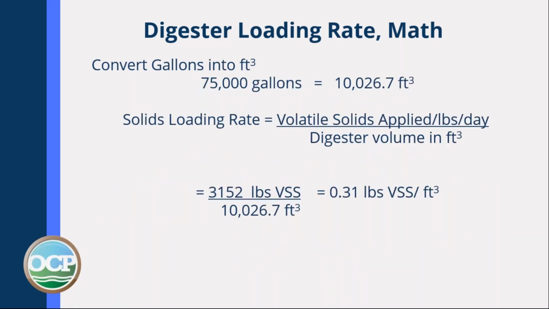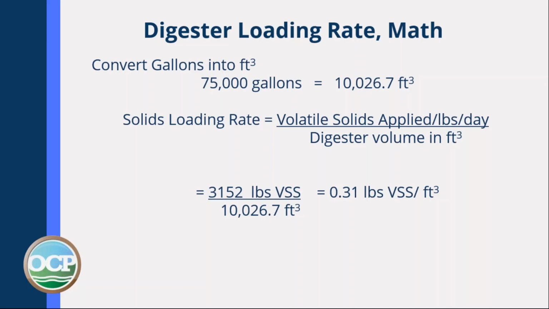We have to convert the size of our digester from gallons to cubic feet. So 75,000 divided by 7.48, there's 7.48 gallons per cubic foot. 75,000 divided by 7.48 gives you 10,026.7 cubic feet.